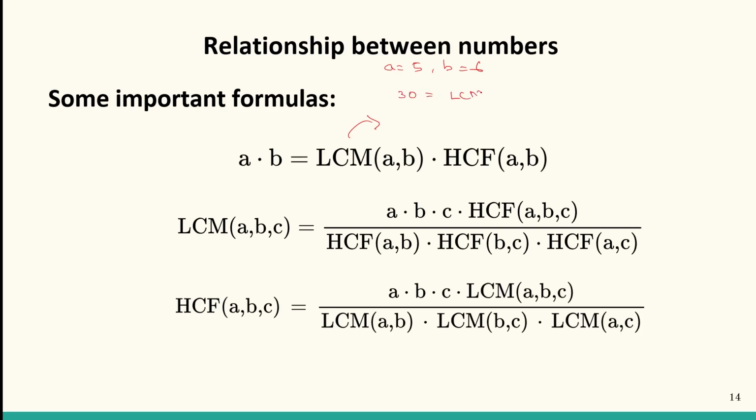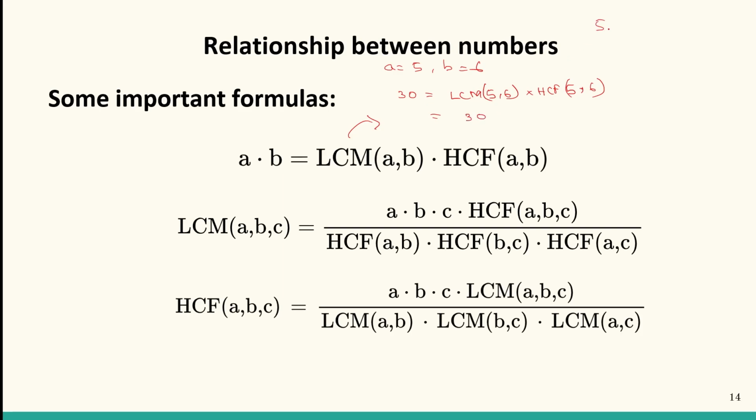And LCM of 5 and 6 into HCF of 5 and 6. LCM of 5, 6 is equal to, actually, what we need to do is find the multiples of 5 and 6. So it will be equal to 30.